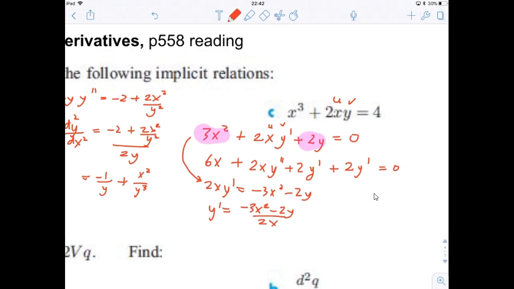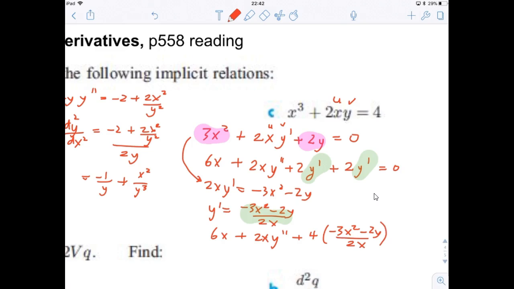And now I'm going to put this here and here. And so I'm going to have 6x plus 2x y double dash plus 4y dash, which is going to be 4 times negative 3x squared minus 2y divided by 2x.